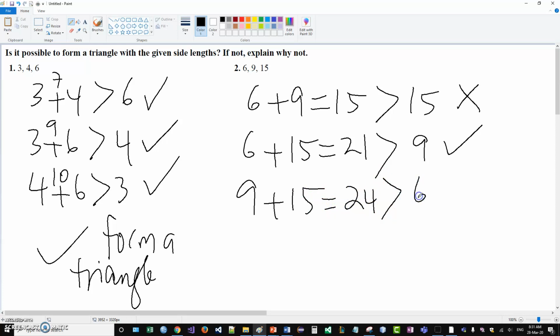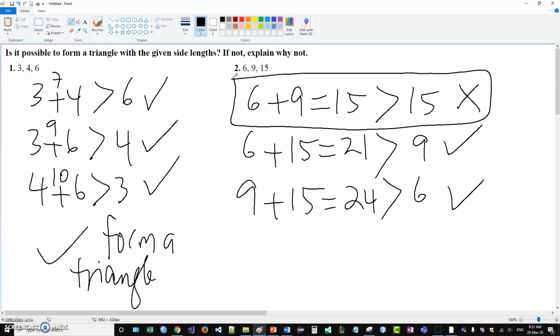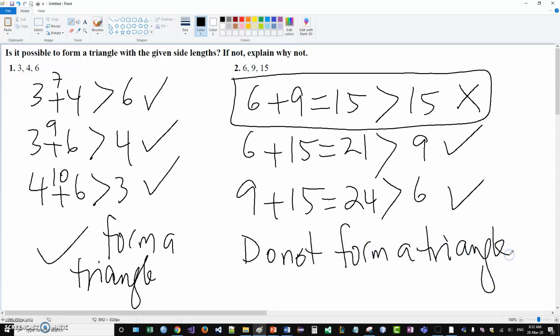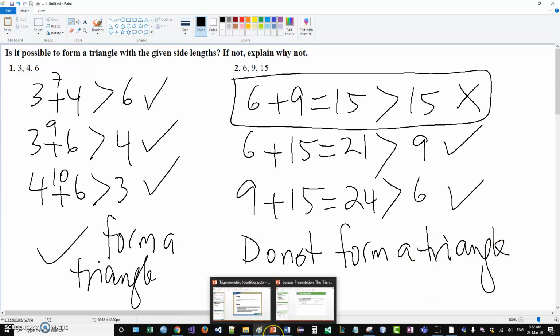Is that greater than 6? Yes. But because one of the inequalities was not valid, these three sides do not form a triangle. Alright, pause the video and try this again.